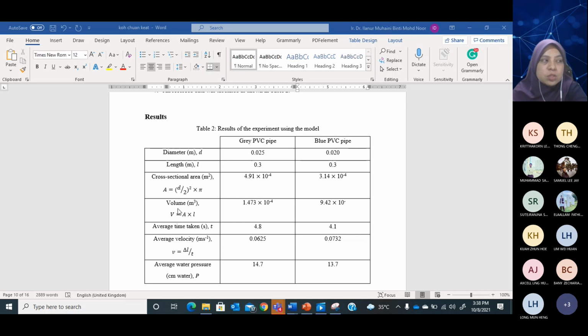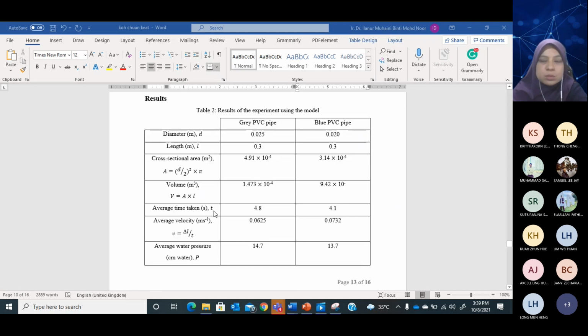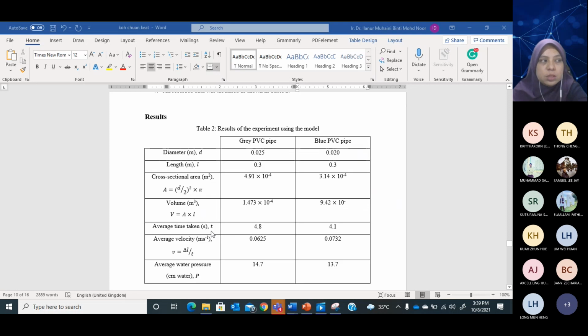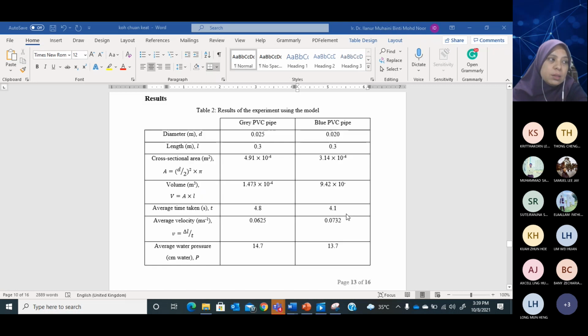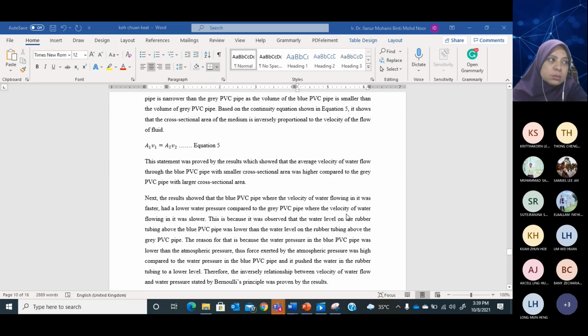After that, you can measure the length of the pipe. Then you get the volume. Average time taken, how to take? Can use the stopwatch from the phone. Okay.